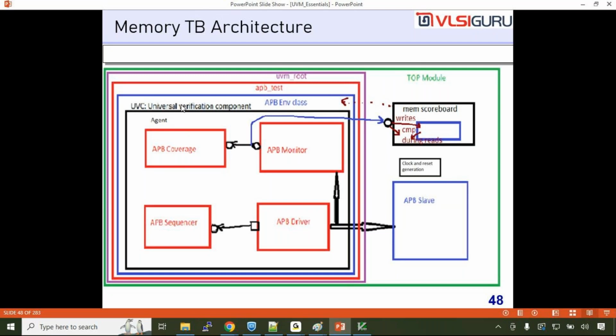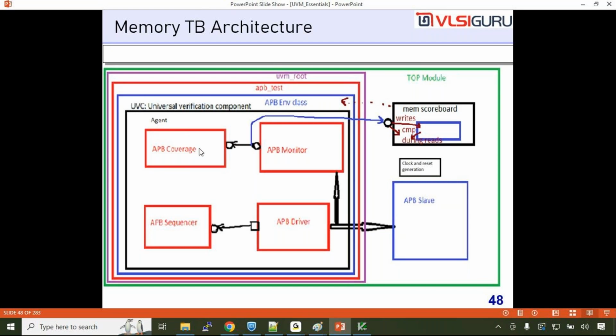What is there below agent? Driver, sequencer, monitor, coverage. Is there anything below the driver? No, driver is the leaf. Like for a tree, leaf is the ending thing, right? Same way, driver, sequencer, monitor, and coverage are the leaf for the test bench, where the hierarchy stops.